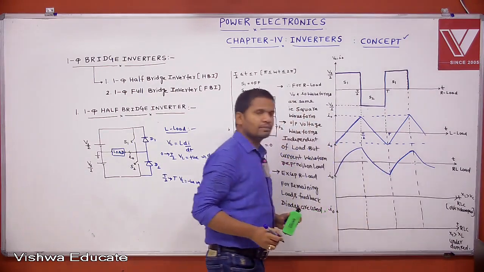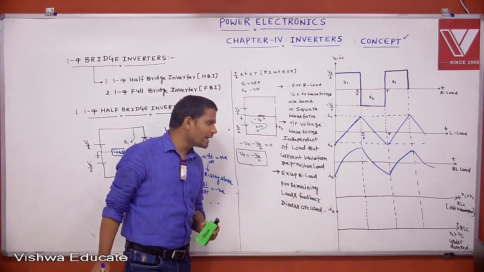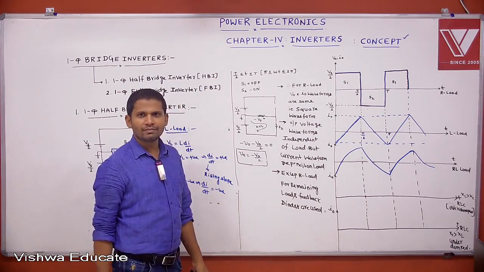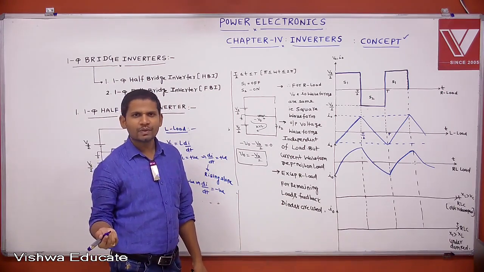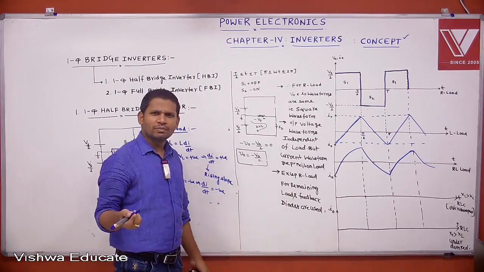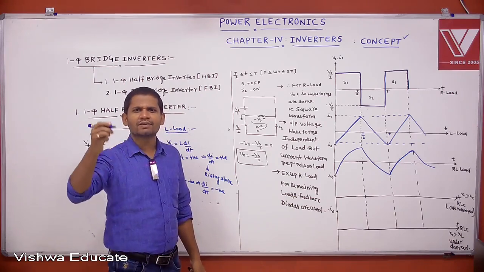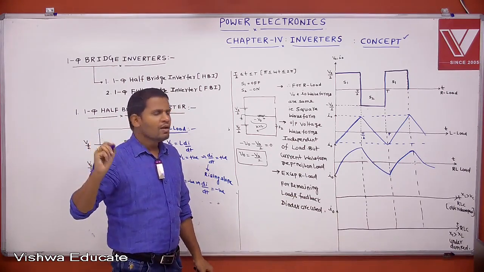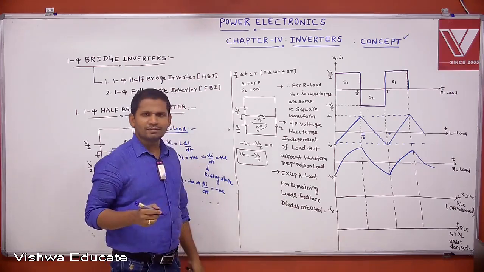Now RLC load. RLC means nearly you can get sinusoidal oscillations. An RLC circuit excited with AC supply nearly gives sinusoidal oscillations. But XL greater than XC means lagging, and XC greater than XL means leading.